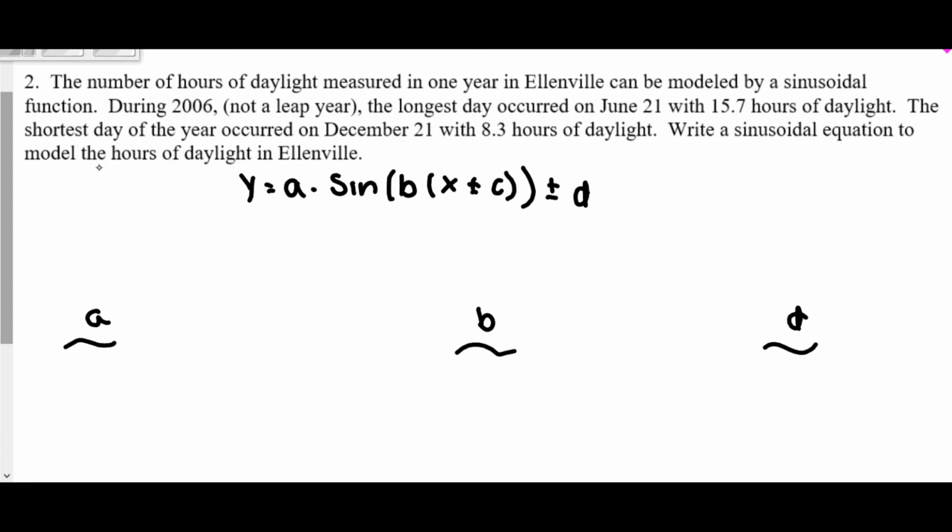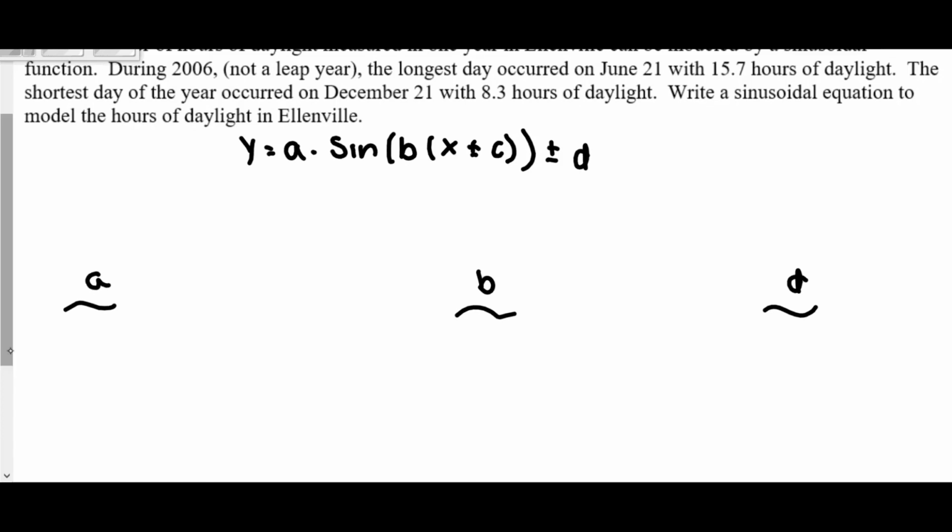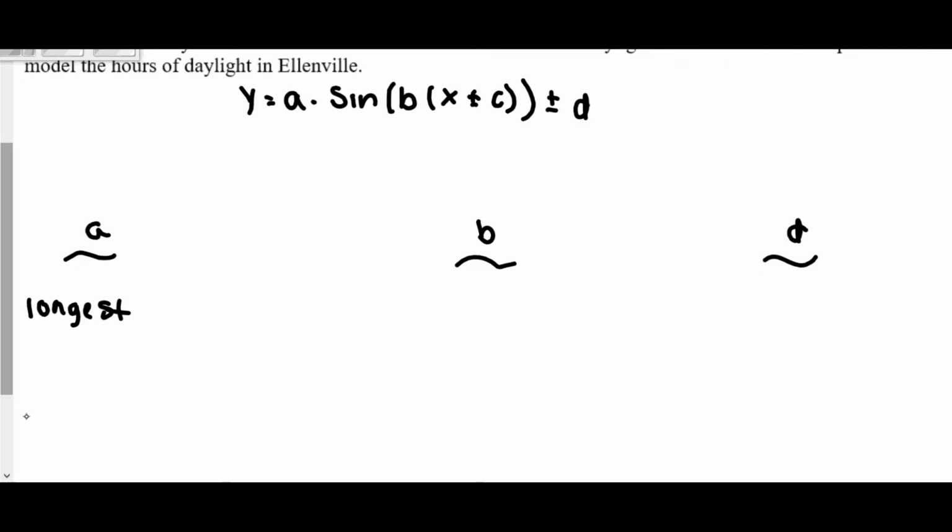So the first is our amplitude. They don't outwardly say what our max value or min value or the amplitude is, but they do give us the longest day and the shortest day.